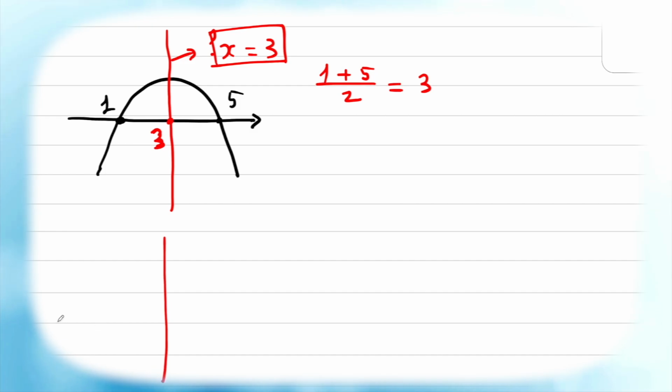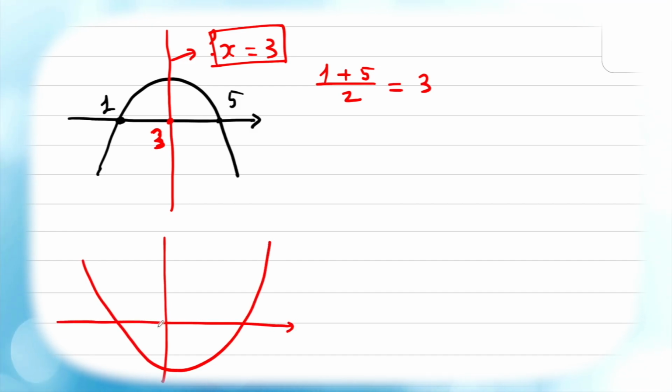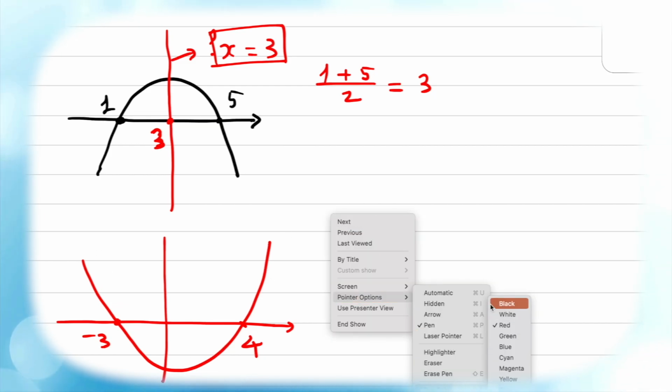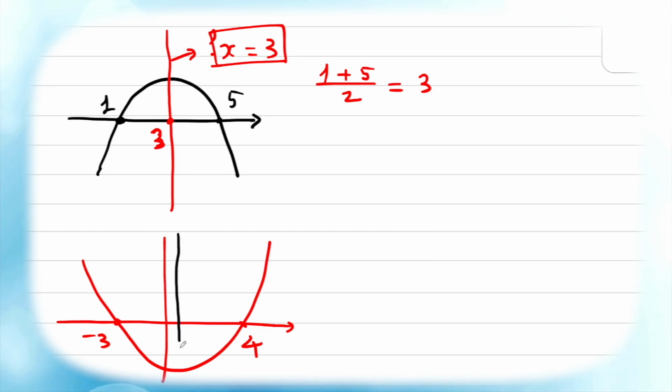Another example, we got the form of this one. For the graph at this position, you got here -3 and you got here 3. Oh, sorry, it will be 4. Then I can figure out the symmetrical line, which means the line will pass through the midpoint between these. The -3 here and 4 here will be reflected together.